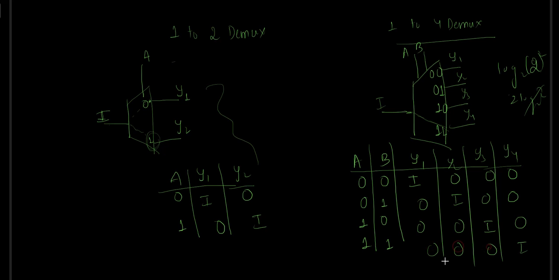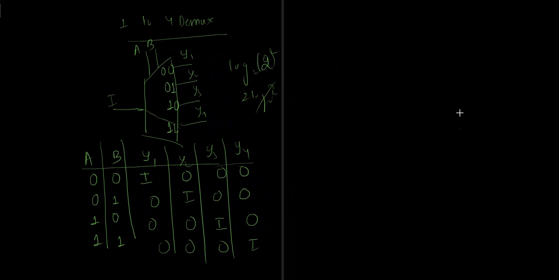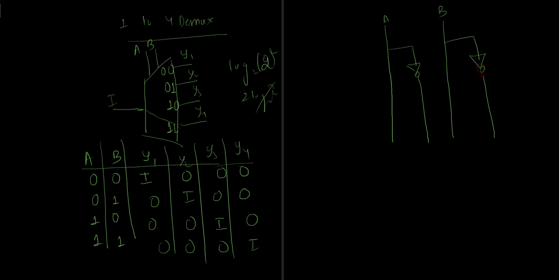In order to draw its circuit diagram, I have two inputs, say A and B. A can have two values, so I will use a NOT gate to get the other value. Similarly, a NOT gate for B. Say A is 1, so this is 1, and this is 0. Say B is 1, so this will be 1, and the output over here will be 0.